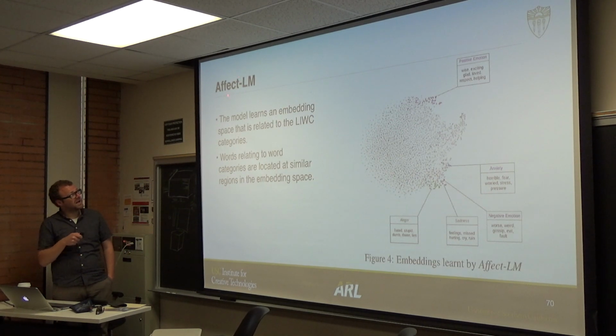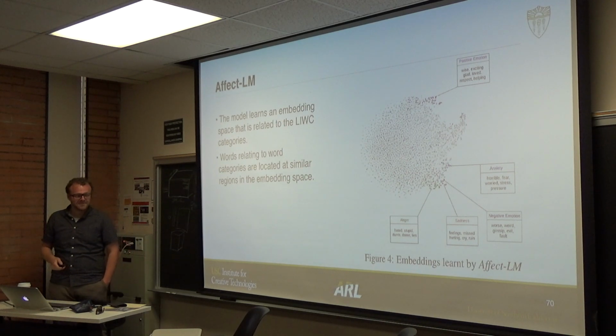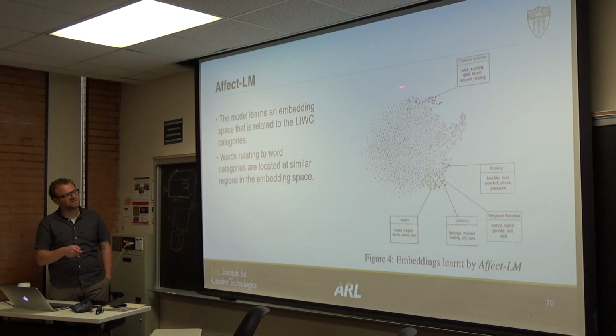The Affect-LM also learns to embed words with different affective contexts, and what you can see is that there's a clear opposition between negative emotions that are clustered down here and positive emotions that are clustered up there.